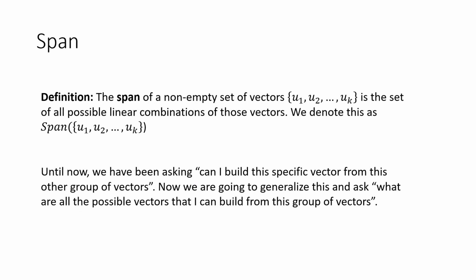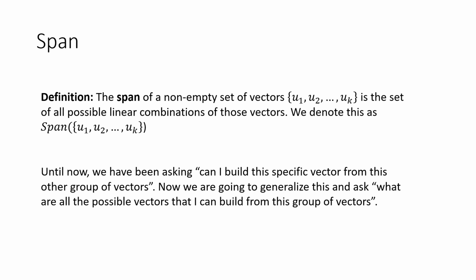Okay, so we've had a couple of questions asking, is something a linear combination of other vectors? Quite often we turn this on its head and say, here's a set of vectors. Describe all of the possible linear combinations of those vectors. That is called a span.